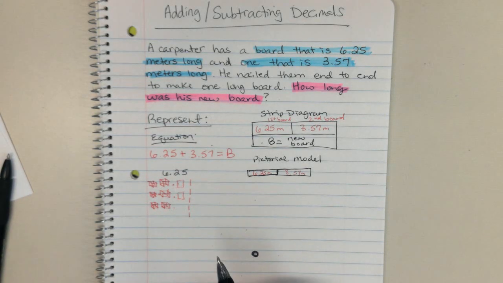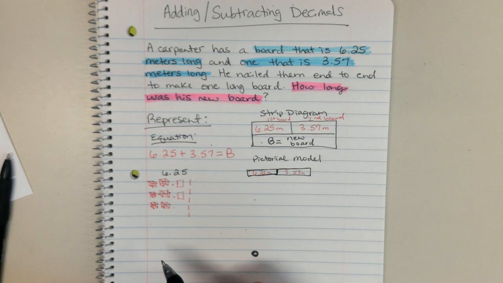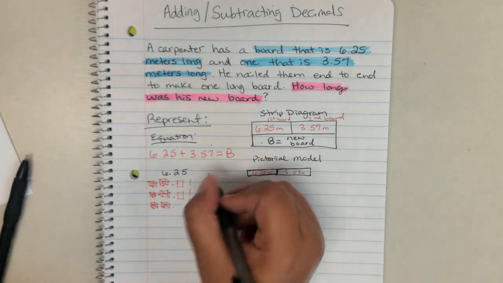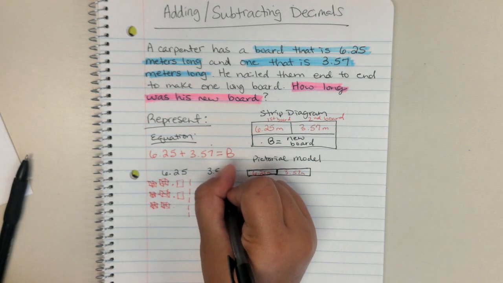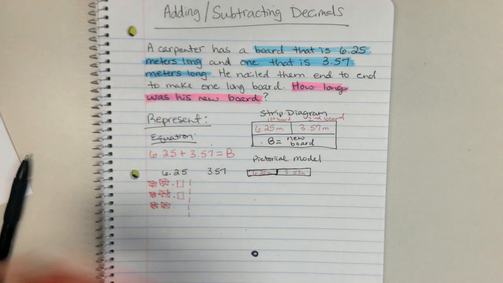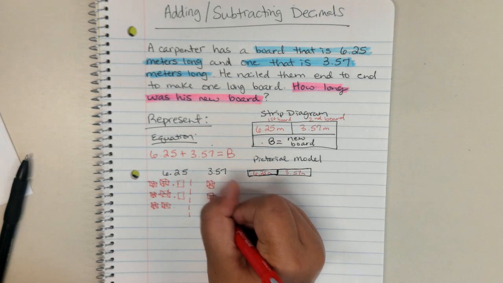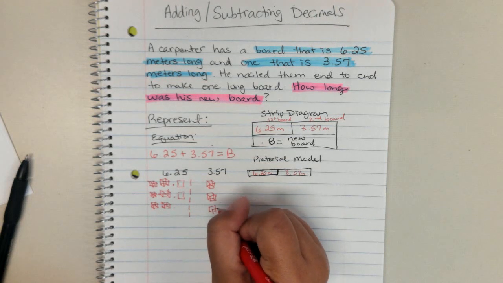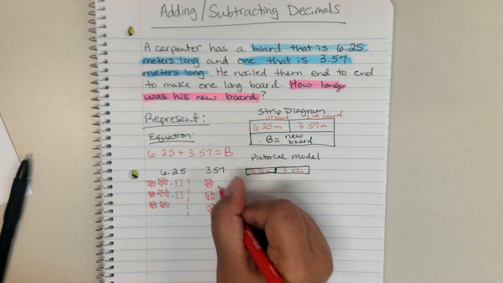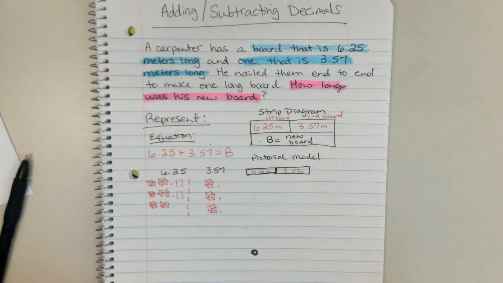So here's 3 different representations, so use the one that you feel comfortable with while you're solving your problems. So for 3 and 57/100ths, I know I need 3 cubes. Go ahead and put my decimal.